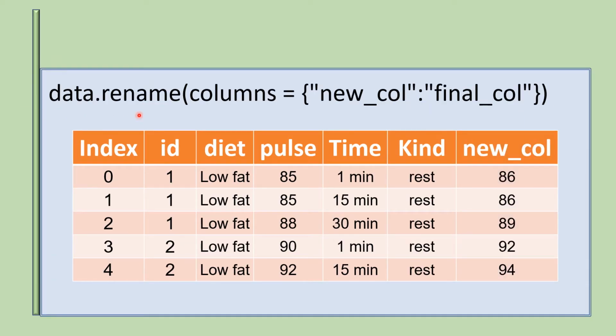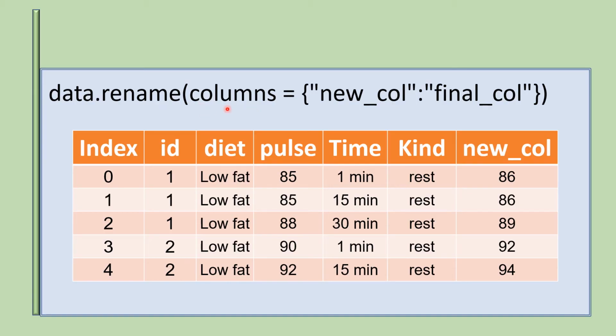And now moving forward from creating a new column to renaming a column. Anytime we want to rename a column, a few things remain the same. For example, here data is the data frame name, so it depends upon the name of the data frame that you have created. Post that, dot rename is something that you need to write all the time, and within parentheses it's columns.